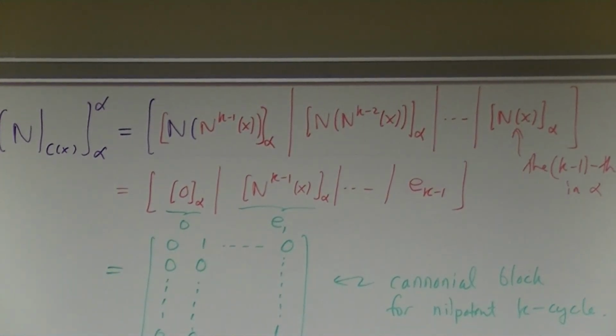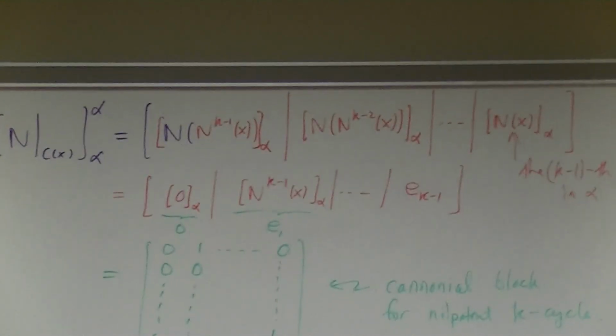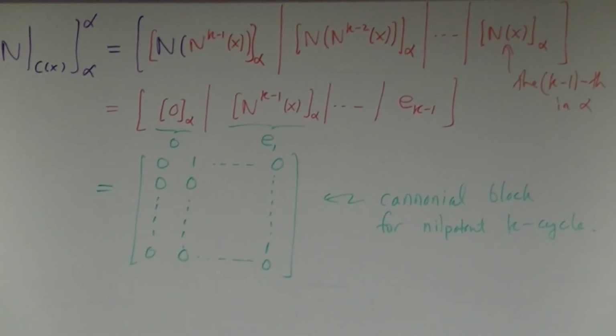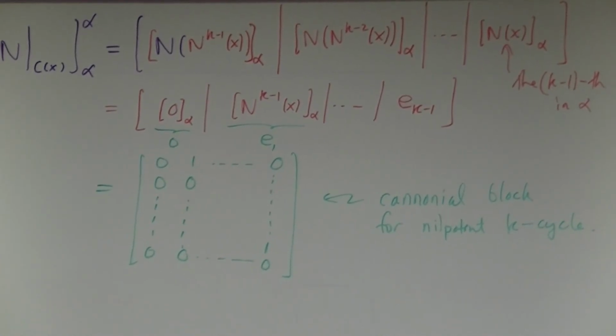What I'll prove next time, you guys, is that if we're given a nilpotent mapping, we can find a basis which is formed by stringing together r of these k-cycles in such a way that the matrix for n is just the direct sum of these sorts of blocks. It's actually much easier than what I tried to do earlier today. The proofs in section 6.1 are far more technical. 4.2 is pretty easy, so we'll wrap it up next time.